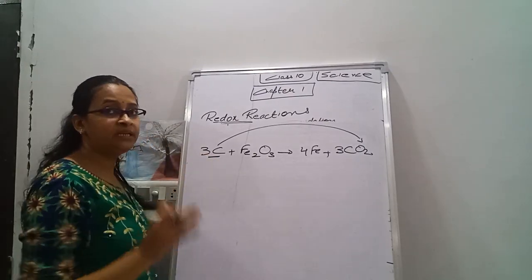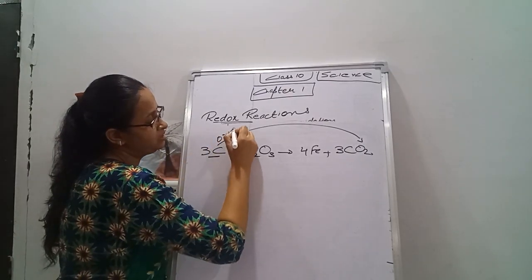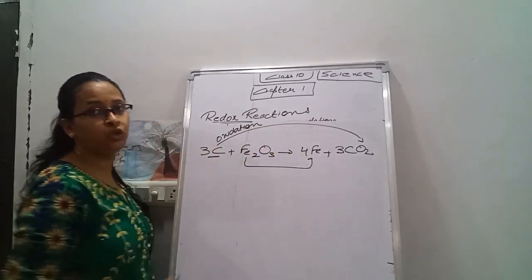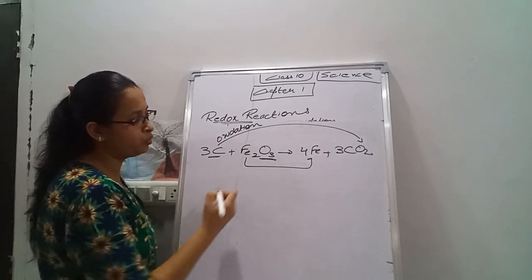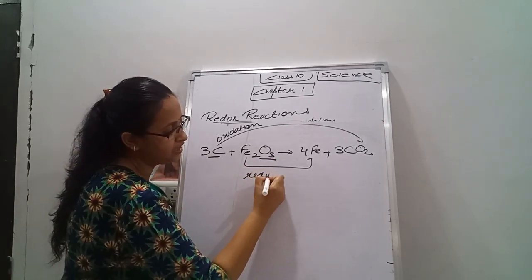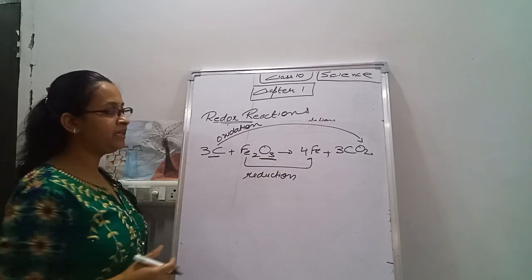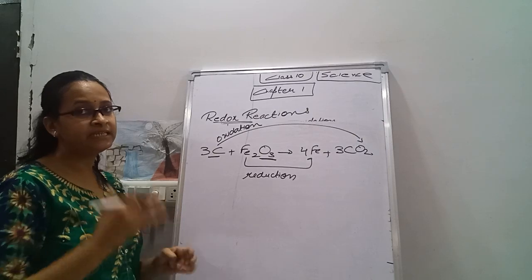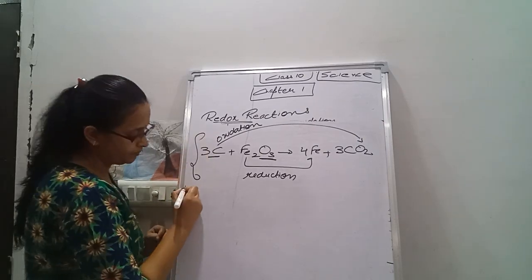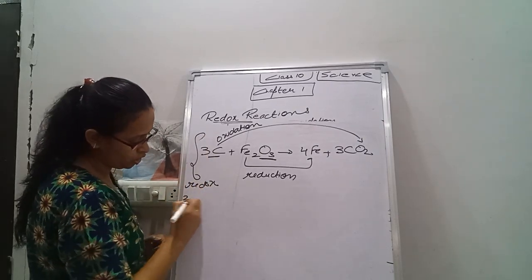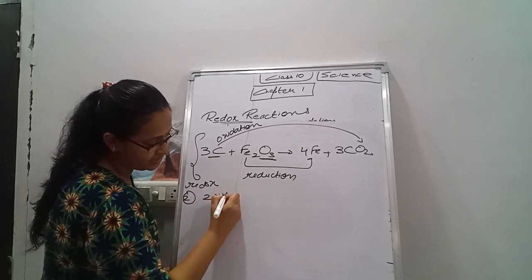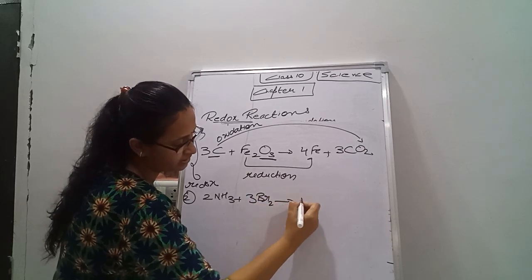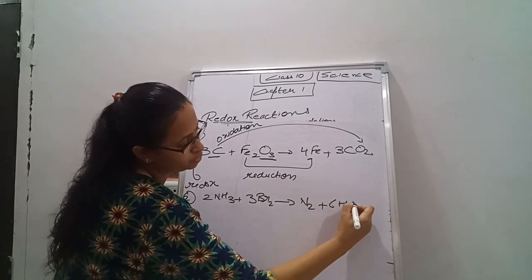When any element is gaining oxygen, the reaction is known as oxidation. Now here it is reducing. Why? Because oxygen is removed in this compound, so it is a reduction reaction. And we have already said that when oxidation and reduction reactions are simultaneously taking place, the reaction is a redox reaction. Now second example, we are taking ammonia plus bromine, that gives us nitrogen plus hydrogen bromide.